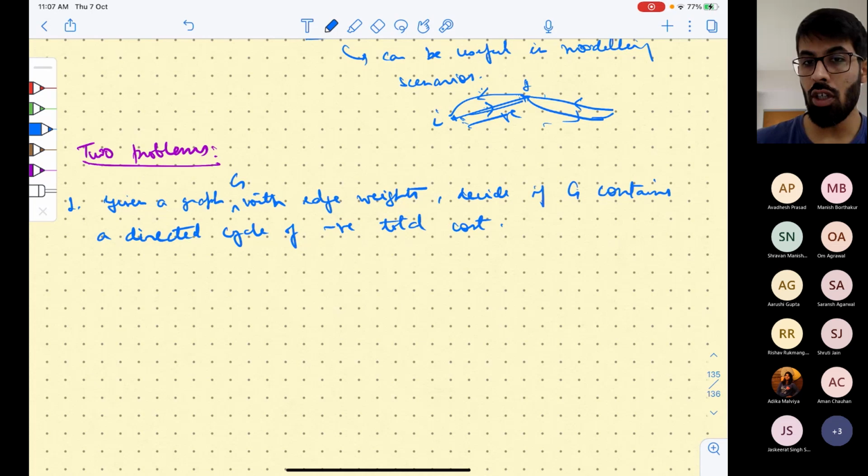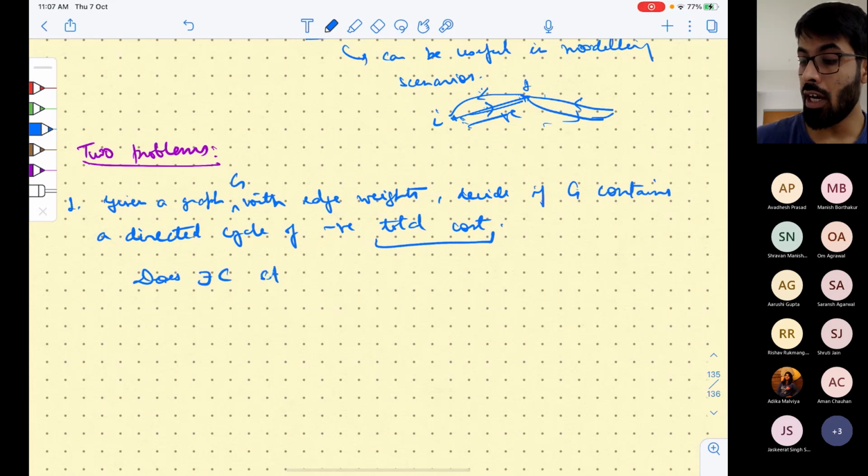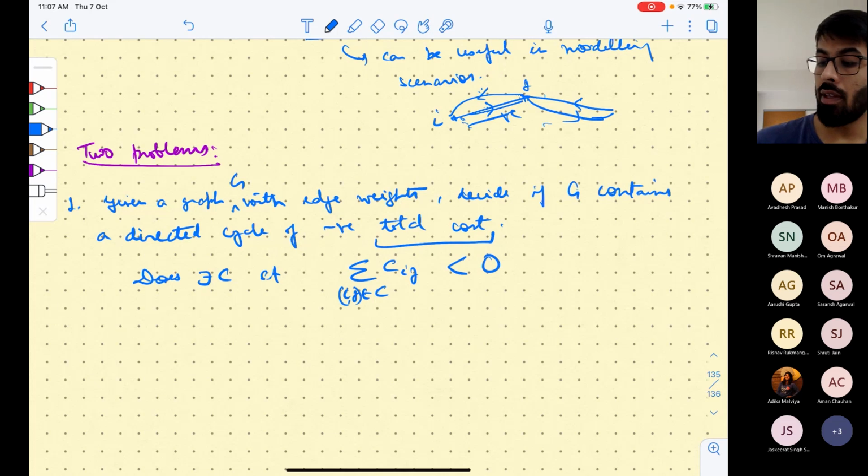So what is this total cost? Suppose the directed cycle is C. Do you want to ask, does there exist C such that the summation of Cij over ij belonging to C is less than 0? So this is one question we'll be addressing.